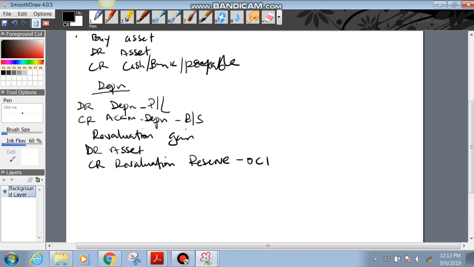Okay, so the first revaluation is a gain. So you're going to debit asset, credit revaluation reserve. What if the first revaluation was a loss? If the first revaluation was a loss, your first entry will be to debit P&L and credit the asset.